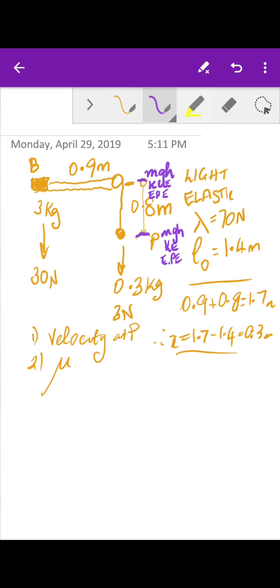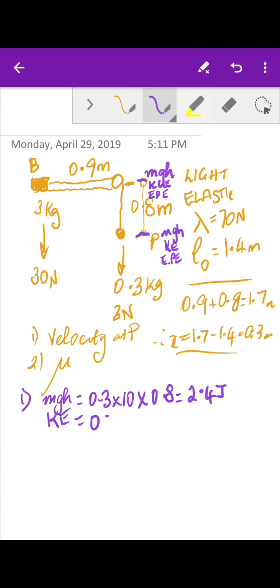But when it's dropped, it's mgh, we've got a height of 0.8, so a mass of 0.3, gravity 10, it's 9.8 but we're going to use 10, and h of 0.8. So that is 2.4 joules. Its kinetic energy, because it's released, is 0. Its elastic potential energy, because there's no stretch in the string, is also 0. Therefore, the sum total is 2.4 joules.